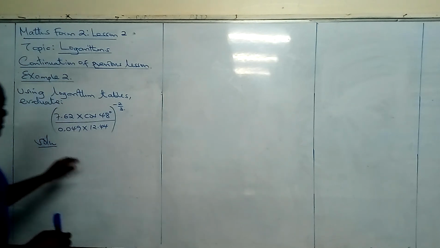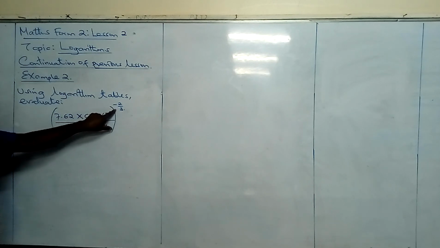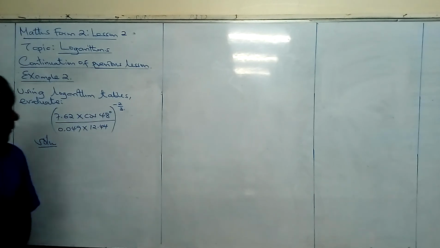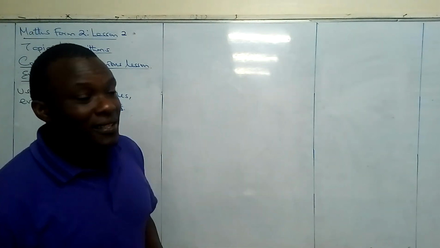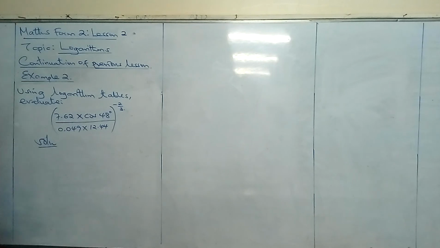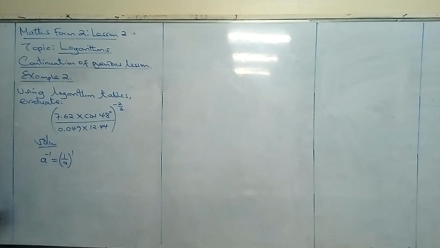So for us to be able to start doing this kind of equation, we must remove the negative sign in the power. So we will use the concept of indices. I want to remind you something on indices. If you have been given a number a that is being raised to the power a minus 1, then this means you will find the inverse of a, then you raise everything to a positive 1.